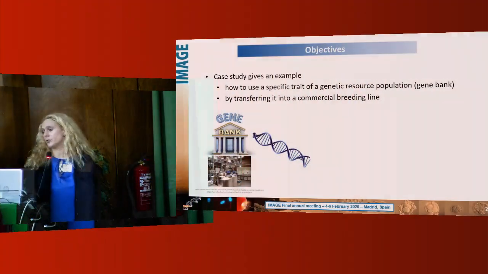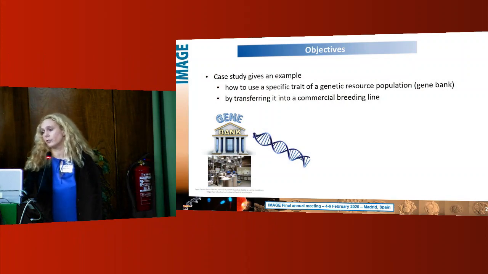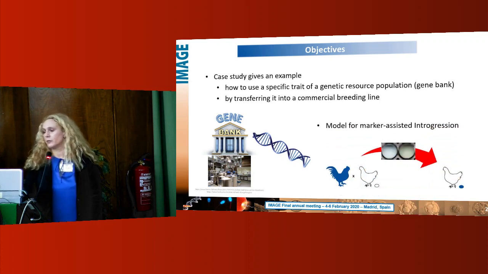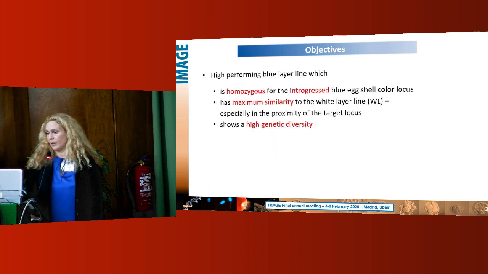The objective of our case study is to give an example of how to use a specific trait of a genetic resource population conserved in a gene bank by transferring it into a commercial breeding line. In our model for marker-assisted introgression, we take the blue eggshell color of Araucana and introduce it into a high-performing white leghorn line, aiming at a final population, a high-performing blue layer line.